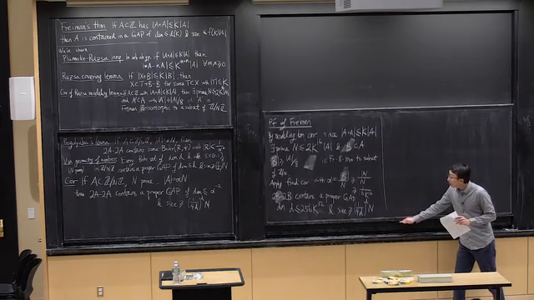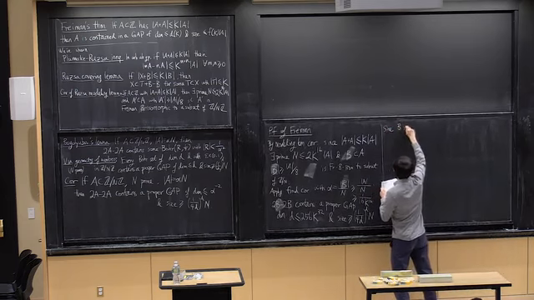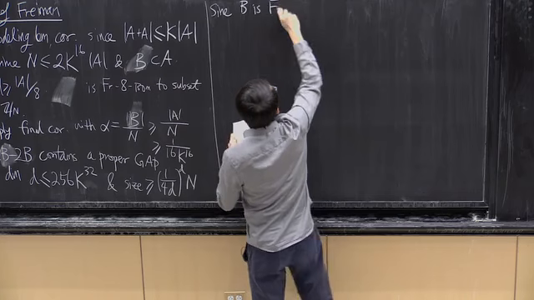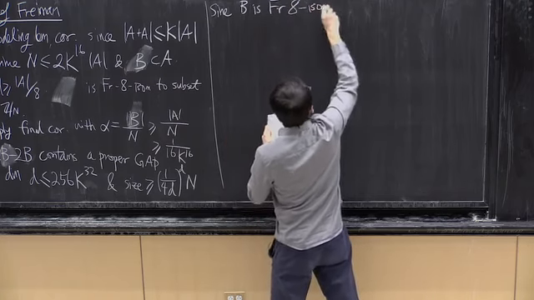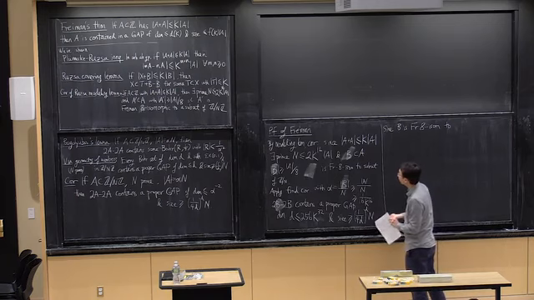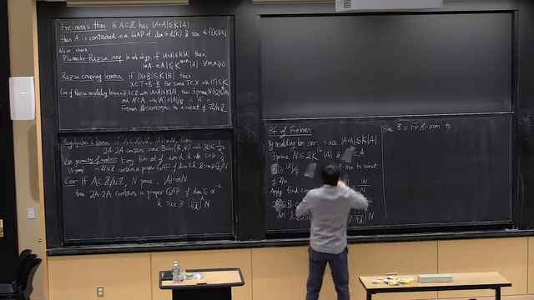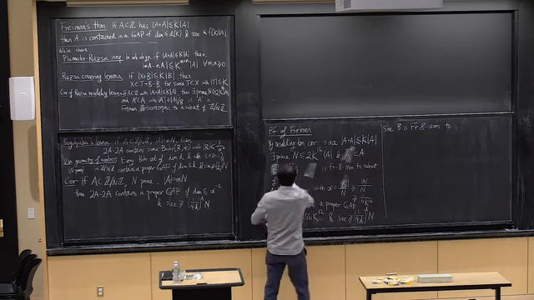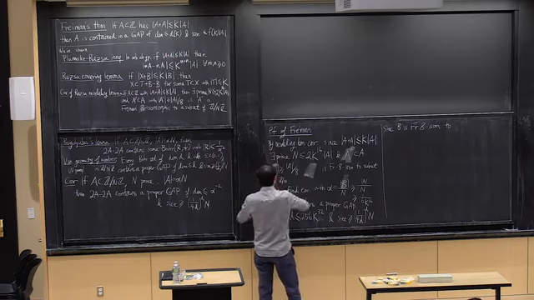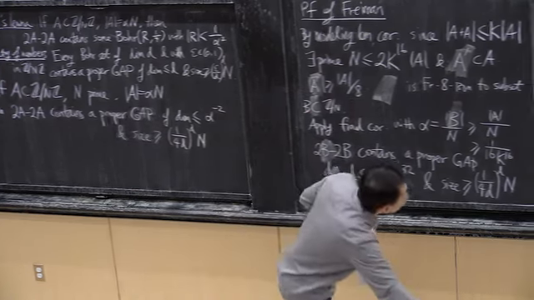Because B is Freiman 8 isomorphic to A', where A' is a subset of A and B is the subset of Z mod n.